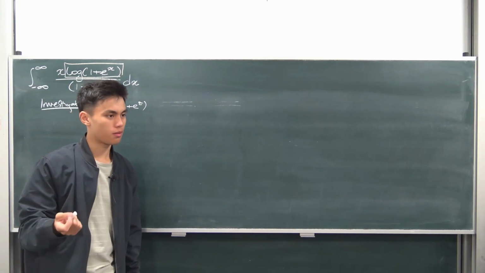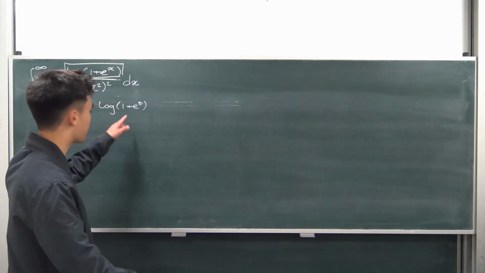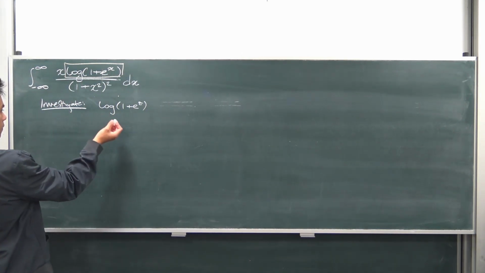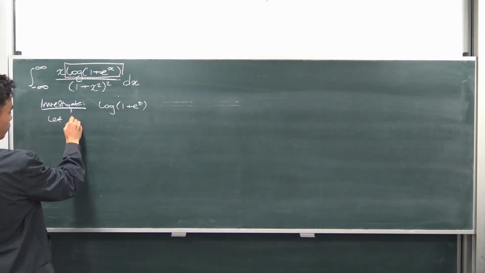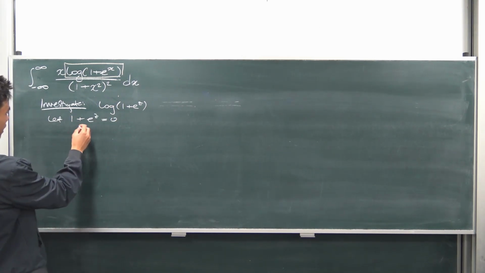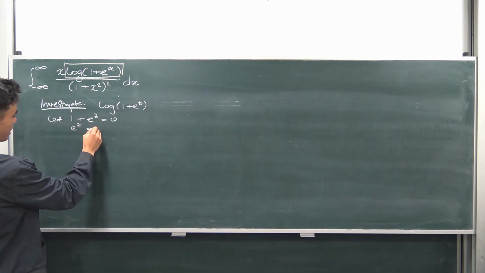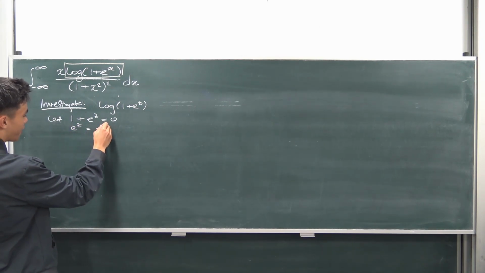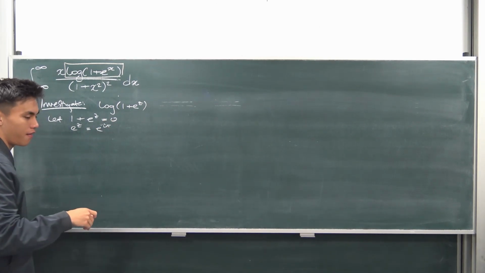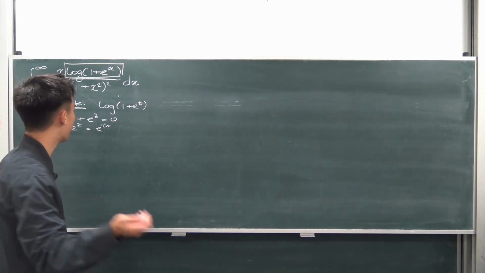Now, we know the logarithm has branch points at exactly 0 inside. So what we can do is solve the inside for 0. We let 1 plus e to the z be equal to 0, and rearranging we have e to the z equals -1, which we can rewrite as e to the i pi. But we can also have e to the 3i pi or 5i pi.